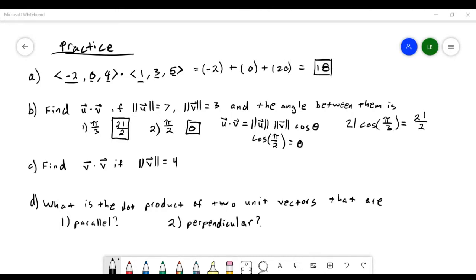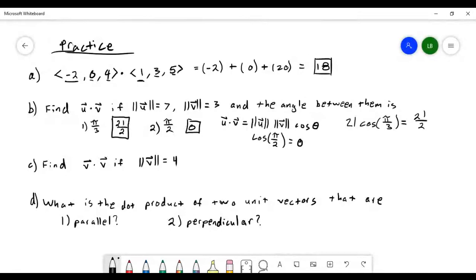Right, 16. If you'll remember, a vector dotted with itself is the magnitude of the vector squared. Perhaps another way to remember this is if you have a vector and another vector that is the same vector, so it would be two vectors lying right on top of each other, the angle between them is 0.